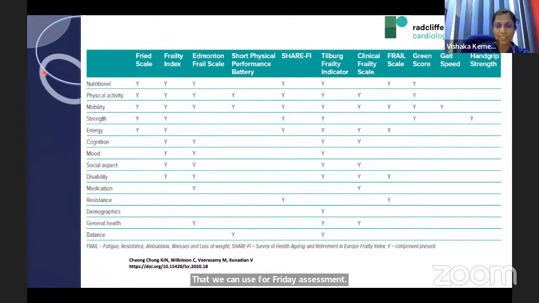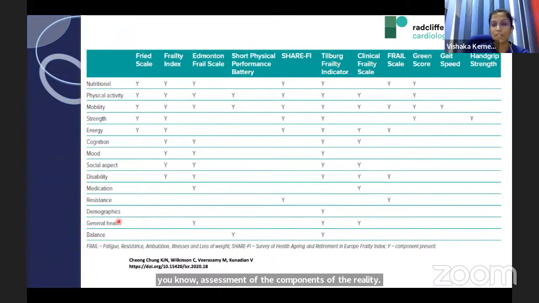Interestingly, some only use the functional component, like the FRAIL scale, and certain tools use a combination of physical plus cognition, and some actually assess balance, demographics, general health, and the social aspect as well. So this type of comprehensive tool, which accumulates all these components of frailty, definitely will take time.